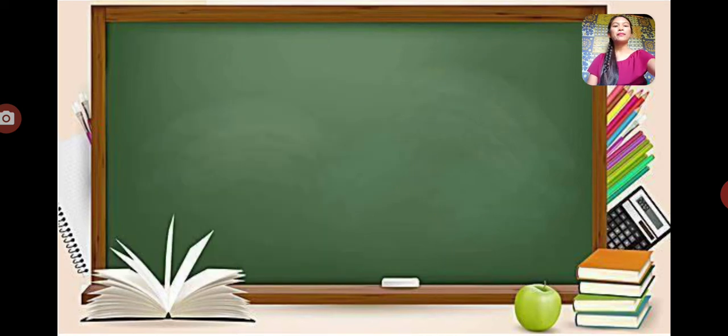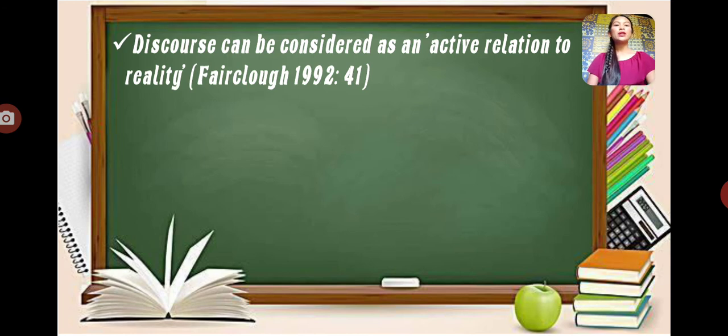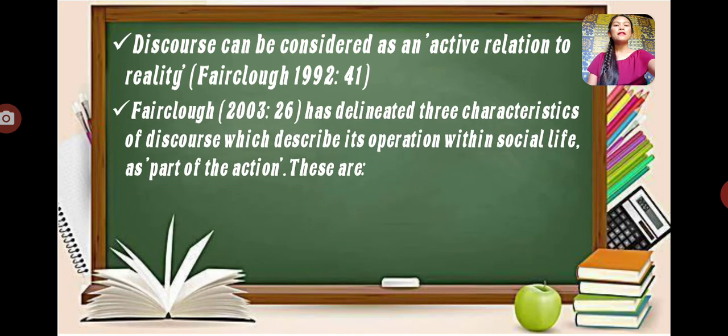Discourse can be considered as an active relation to reality, by Fairclough 1992. Fairclough 2003 has delineated three characteristics of discourse which describe its operation within social life as part of the action.